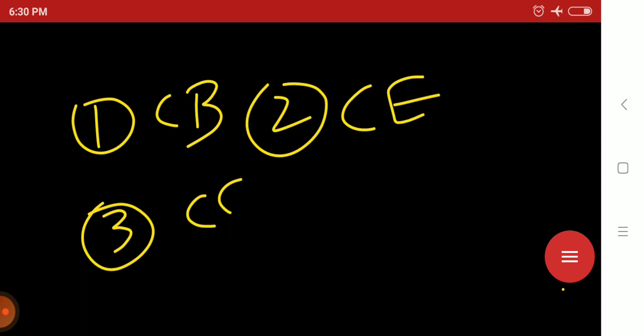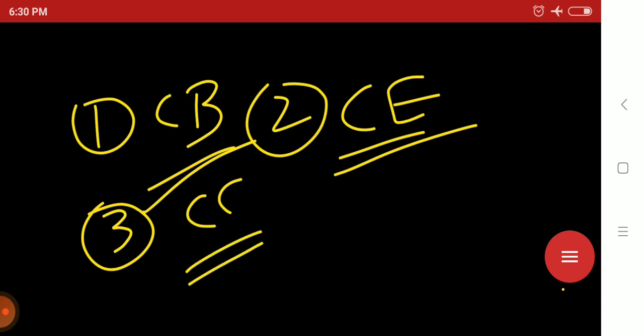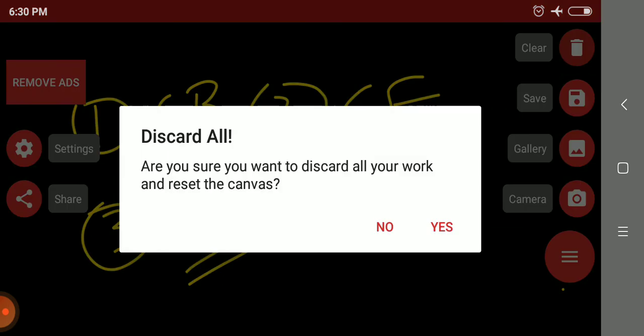CB common base, CE common emitter, CC common collector. Today we will start with the common base. Then gradually we will cover all the transistor parts in our next videos. So let's make a little start with the common base transistor.